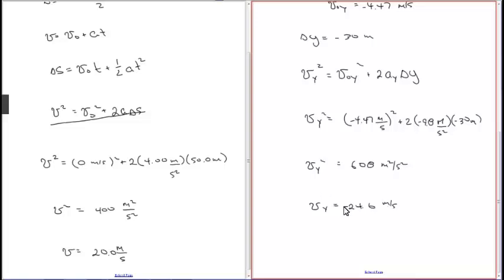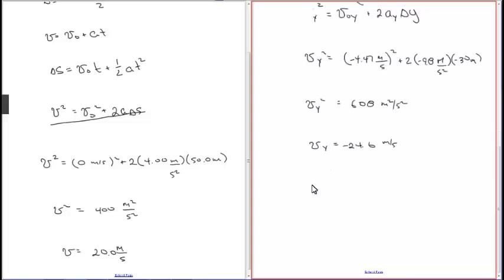Okay, now with that velocity, we can calculate the time from the second equation, which is v sub y is equal to v0 sub y plus a sub y t. So we can solve for the time: t equals v sub y minus v0 sub y over a sub y.